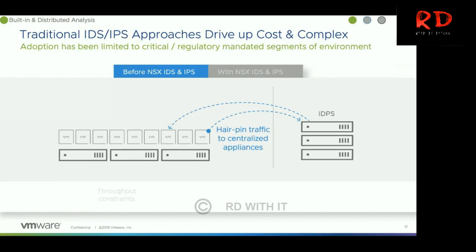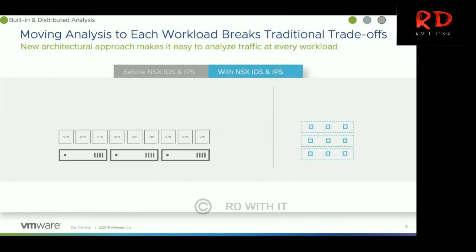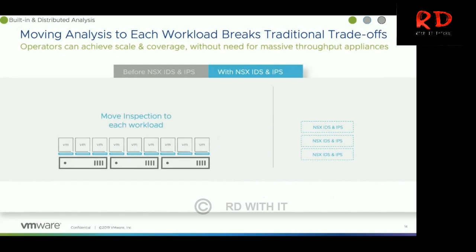What we've done is that we've actually taken that IPS IDS capability and we've distributed it in every single hypervisor. So since every hypervisor has this capability, it means that each workload can be inspected.